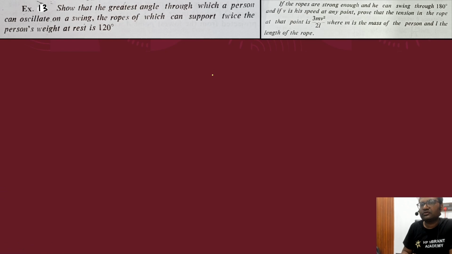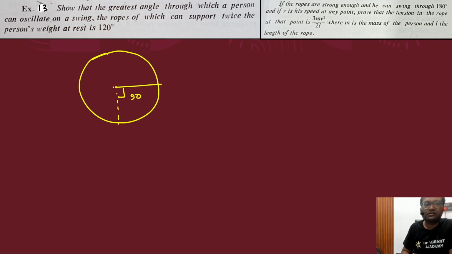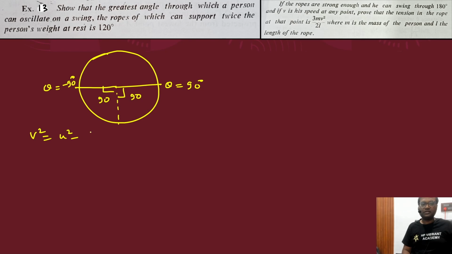If the ropes are strong enough and he can swing through 180 degree. Okay, so he can swing through 180 degree. So this is 90 and this is 90. So this is theta is equal to 90 degree. This is theta is equal to minus 90 degree. Okay, so we have the final velocity v square is equal to u square minus 2 lg 1 minus cos theta.